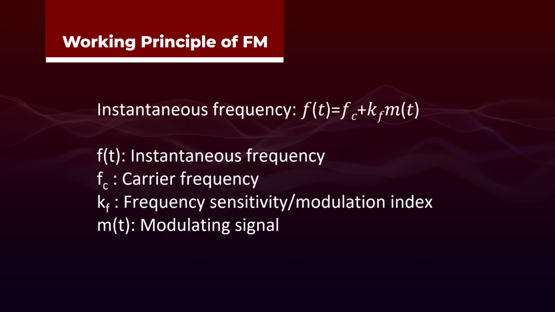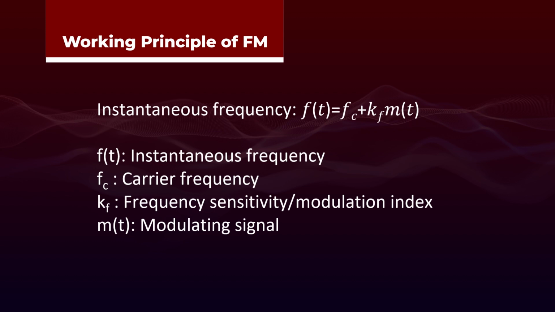After getting the knowledge of these basic concepts, it's time to discuss the basic working principle of FM. In frequency modulation, the instantaneous frequency of the carrier wave is given by f(t) = fc + kf m(t). If you look at this particular equation, it is very clear that in the absence of any message signal, the carrier remains unmodulated and its instantaneous frequency is equal to the carrier frequency.